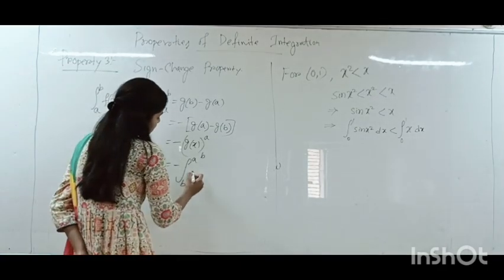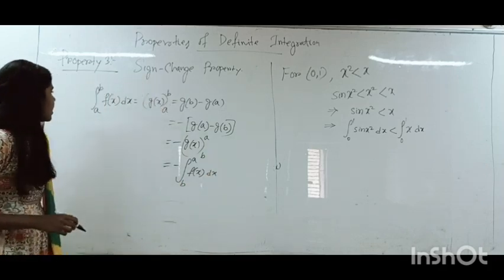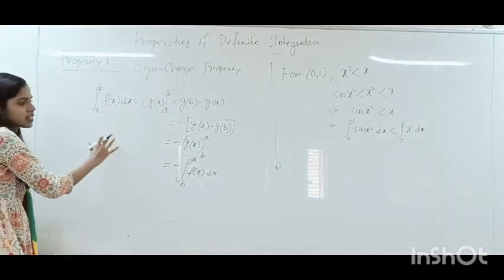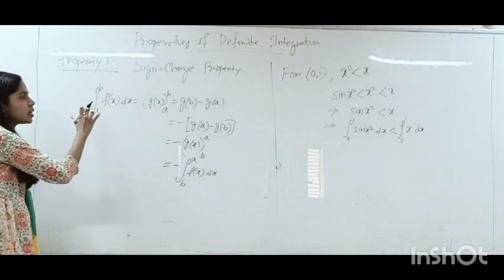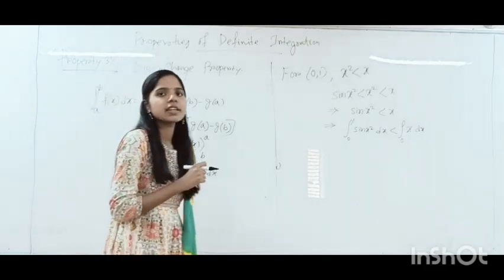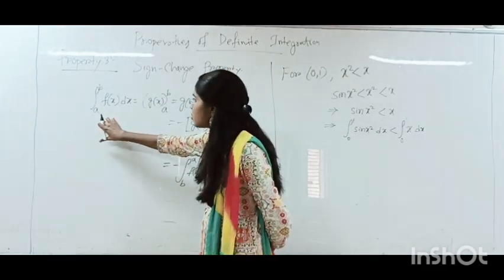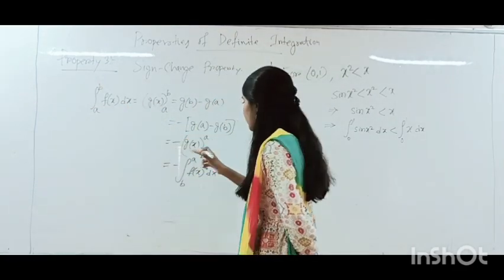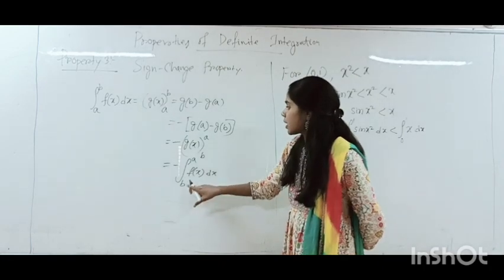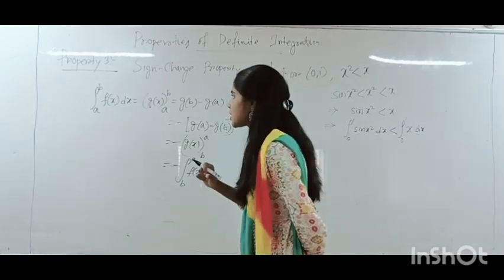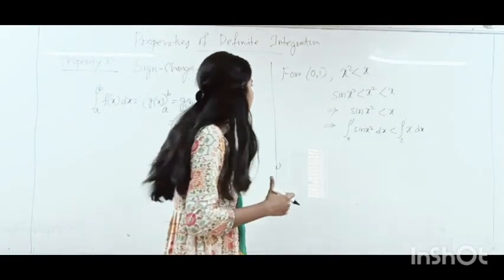So it will be f(x) dx. So what we get here is that integration a to b f(x) dx is equal to minus integration b to a f(x) dx. That means when we change the sign of the integral, our limits will be changed. Here lower limit is a, upper limit is b. When we take minus, meaning we change the sign, then lower limit is b, upper limit is a. Limits are interchanged when the sign of the integral is changed. Okay?